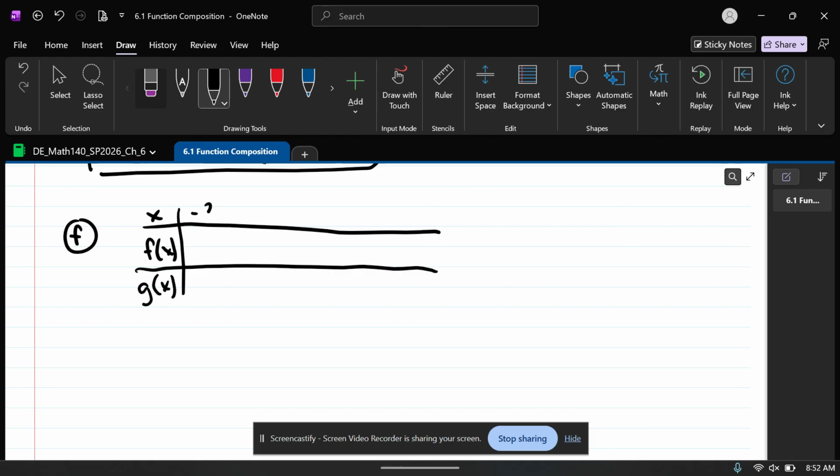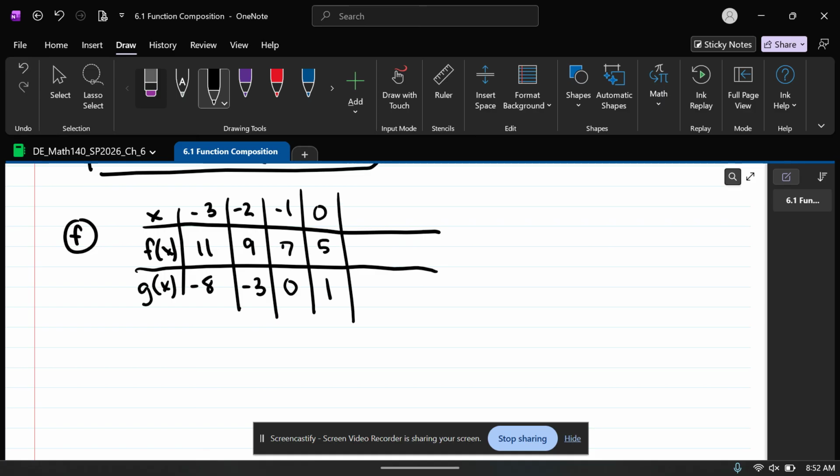So -3, 11, -8. -2, 9, -3. -1, 7, 0. 0, 5, 1. 1, 3, 0. 2, 1, -3. One more ordered pair, last one. 3, -1, -8.